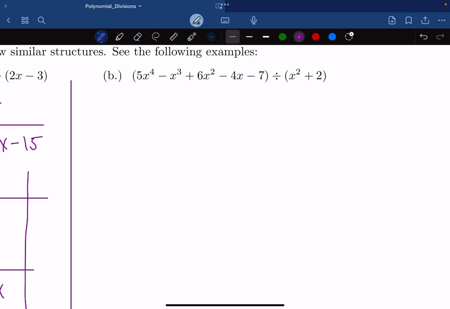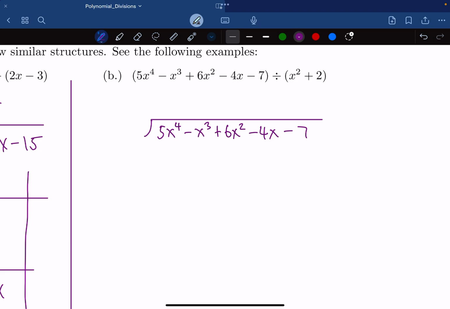So the setup of this question, underneath the division sign, we got 5x to the fourth minus x cubed plus 6x squared minus 4x minus 7. This is all nice and good.